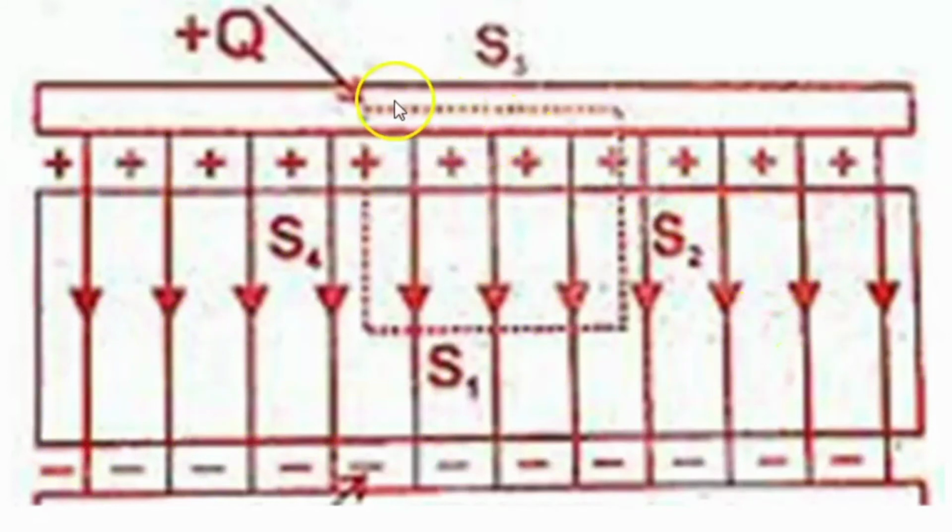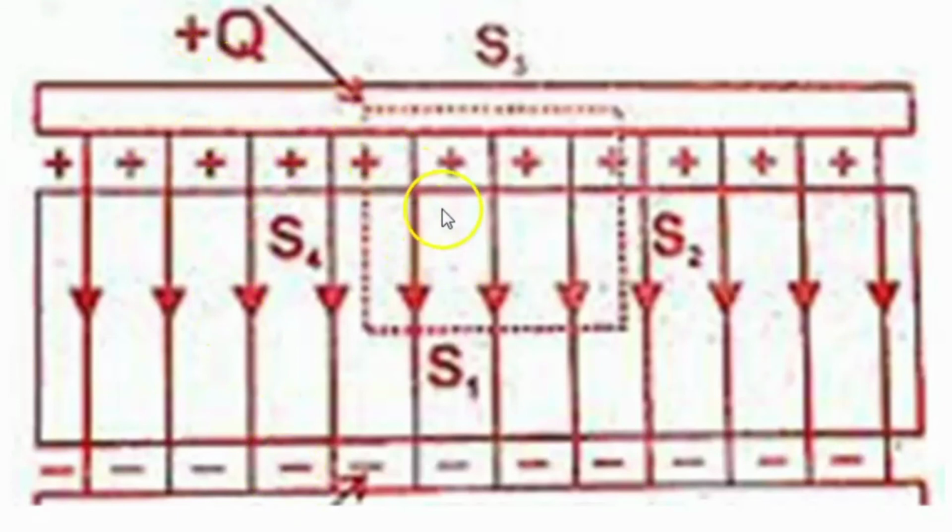Now in between the plates, we have selected a Gaussian hollow box, or I can say an imaginary hollow box, Gaussian means imaginary, in between the plates. One side of the box lies in the positively charged metal plate, while the other three sides lie in between the positively and negatively charged plates.